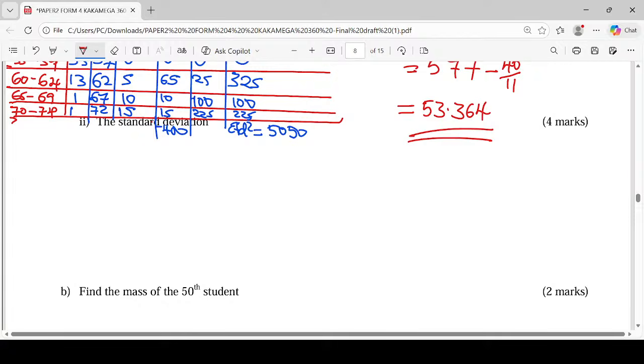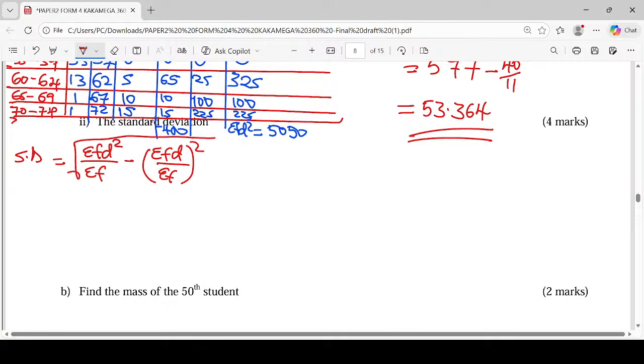What I want you learners to bear in mind is that standard deviation is given by the square root of summation of f d squared over summation of f, minus summation of fd over summation of f, all of this being squared, but remember they were under square root. That formula is very important, and many learners at times make mistakes. So I hope I've made that very clear.